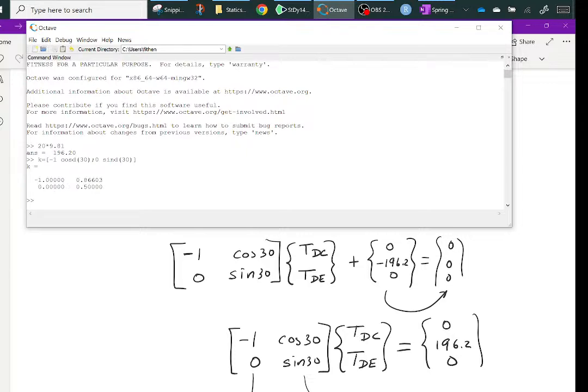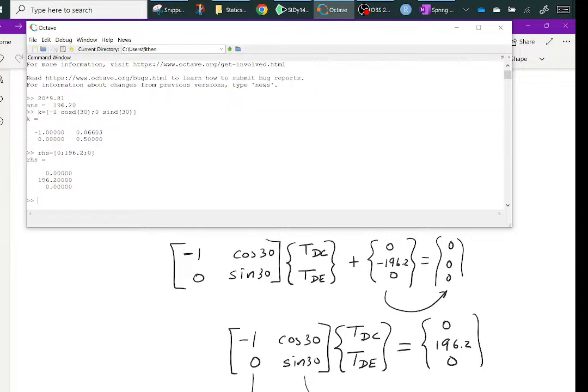And then the right-hand side is just going to be equal to 0, 196.2, if I copied that down correctly. And now I can do inverse K times the right-hand side.